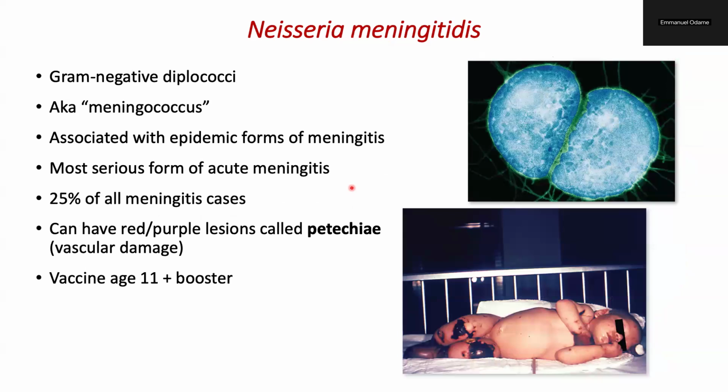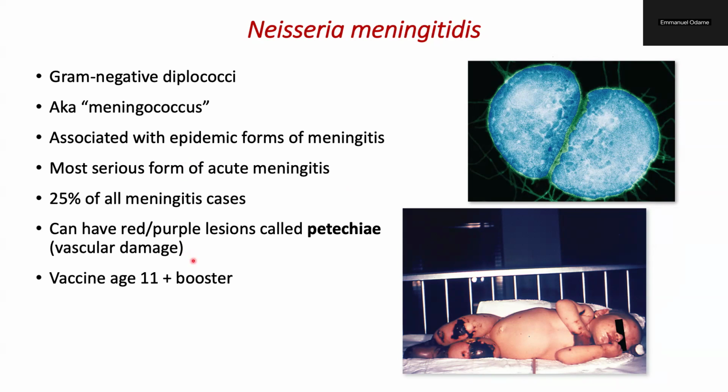Next, let's talk about Neisseria meningitidis. This is caused by gram-negative diplococci bacteria, also known as meningococcus, and is associated with epidemic forms of meningitis. It is the most serious form of acute meningitis, comprising about 25% of all meningitis cases.